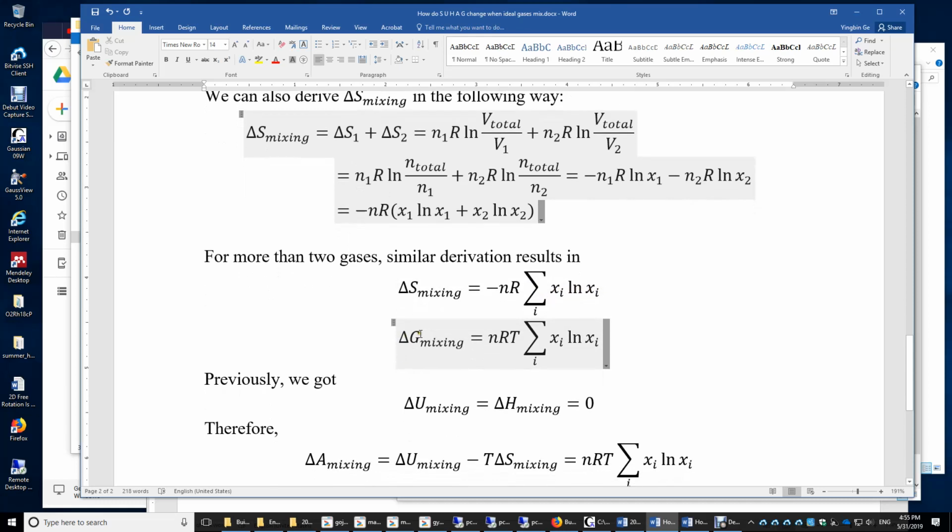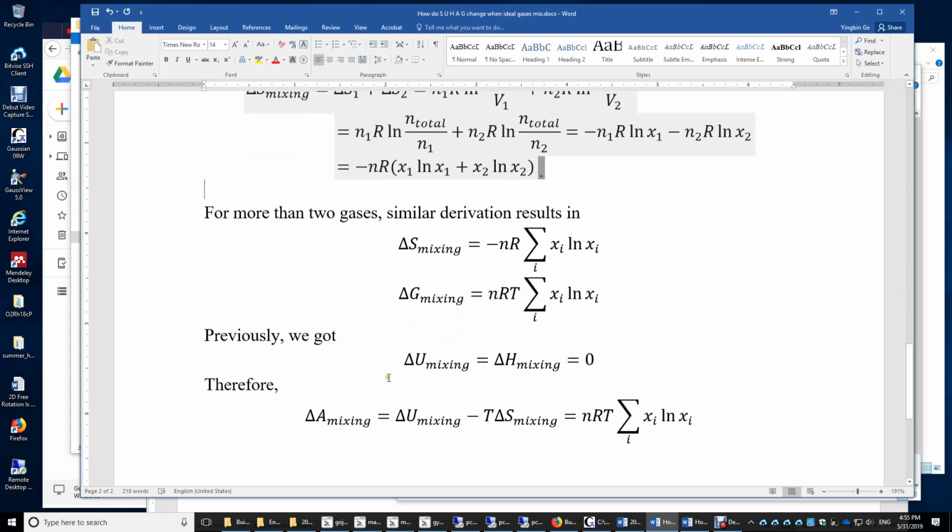The Gibbs energy of mixing equals nRT times the sum of xi times the logarithm of xi. And previously we got that the internal energy of mixing and the enthalpy of mixing equal 0. This is also correct for the mixing of more than two gases.